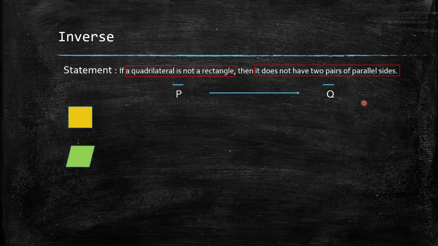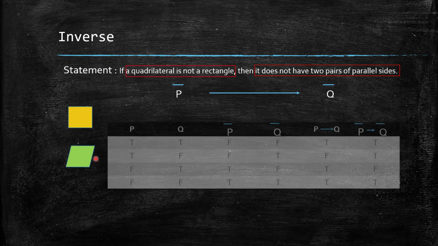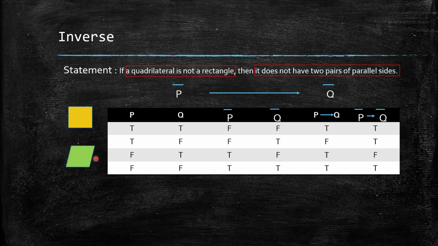These two are definitely not rectangles, so for these two, P bar is correct. Now, does it not have two pairs of parallel sides? Is it true? No, this is definitely not true, because square and rhombus both have two pairs of parallel sides. So again, this inverse statement is also false.